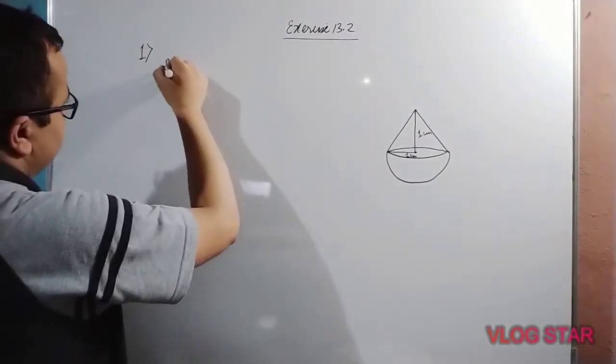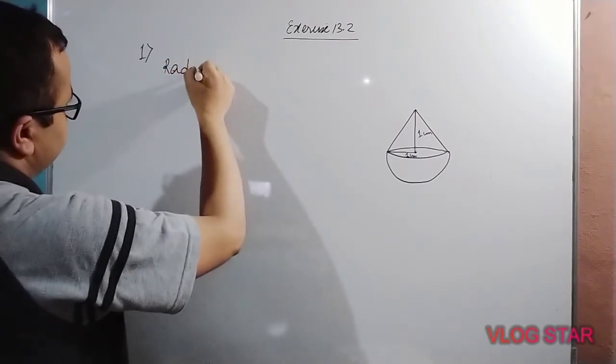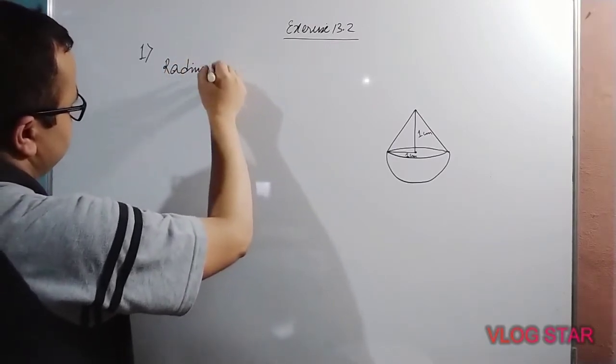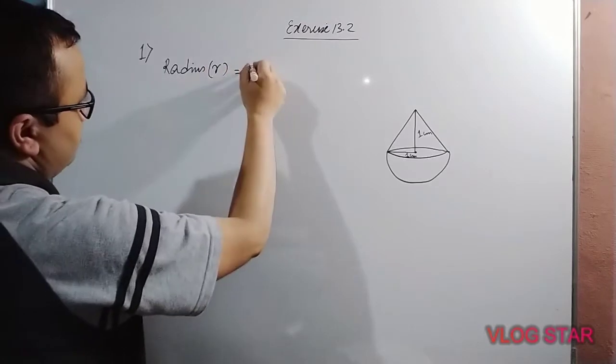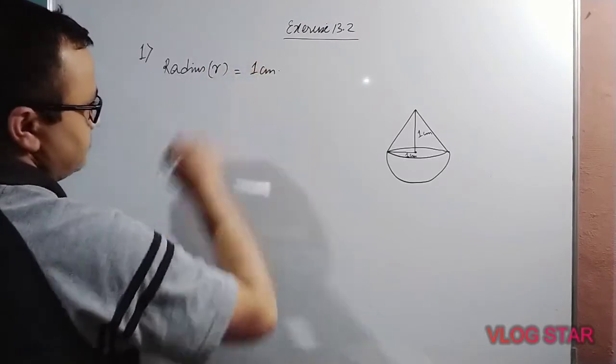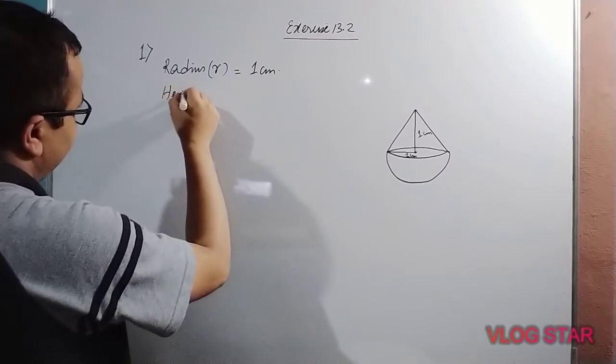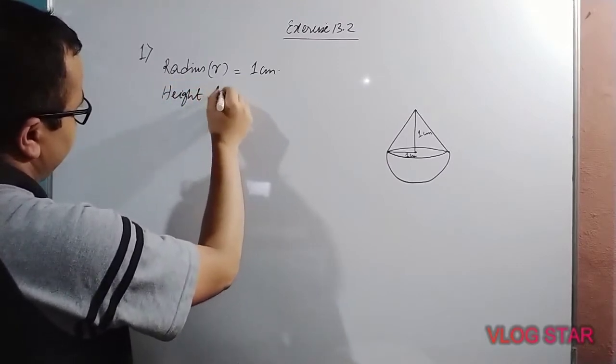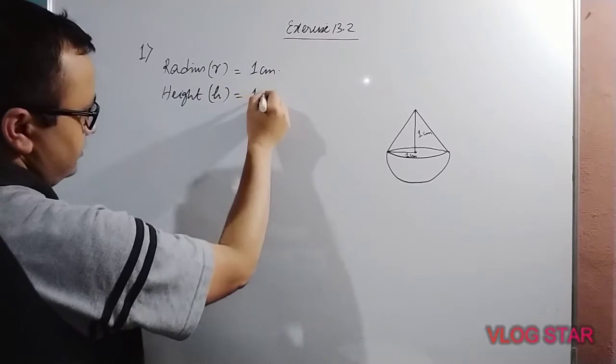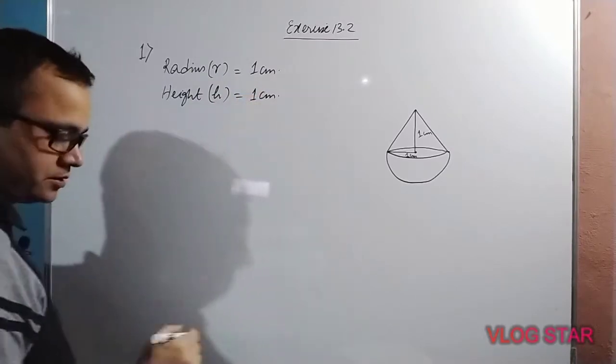So radius r equals 1 centimeter, and height h is also 1 centimeter.